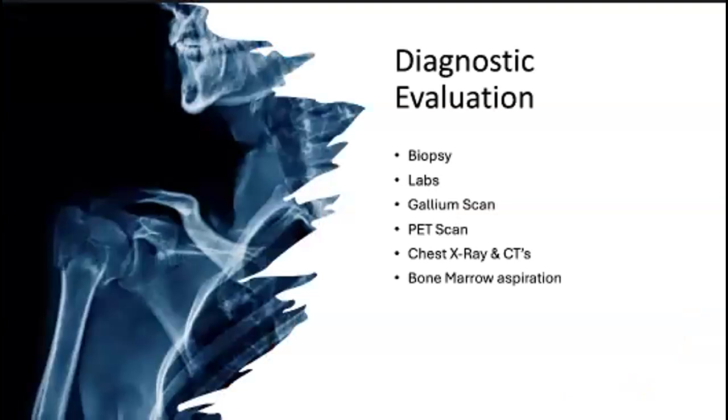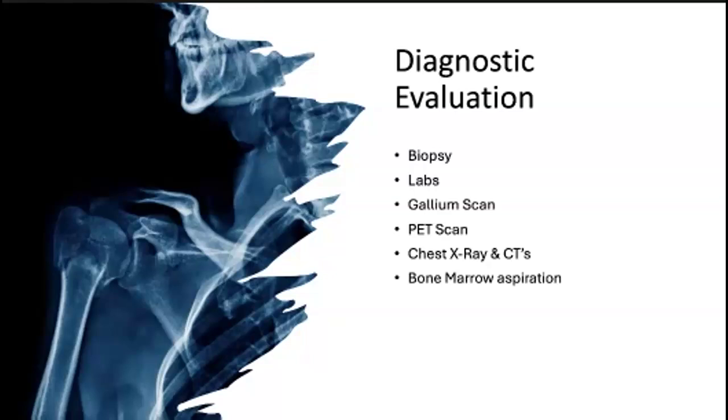Diagnostic evaluation in Hodgkin's disease, so confirmatory tests. We're going to do a lymph node biopsy, which shows the presence of Reed-Sternberg cells. Laboratory studies include CBC, kidney function, liver function, and sed-rate levels. Sometimes they'll do a serum copper and serum ferritin to help with prognosis and follow-up.